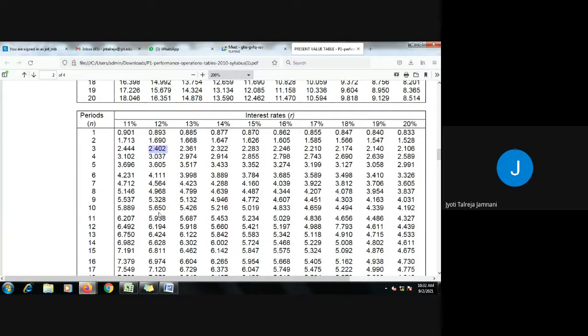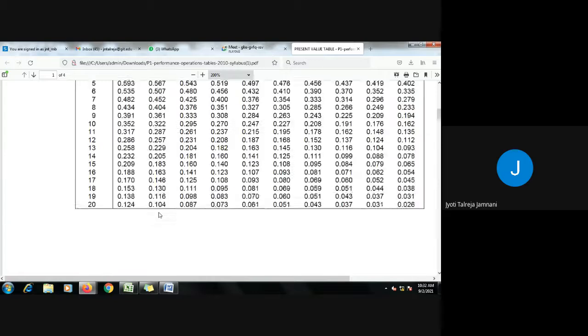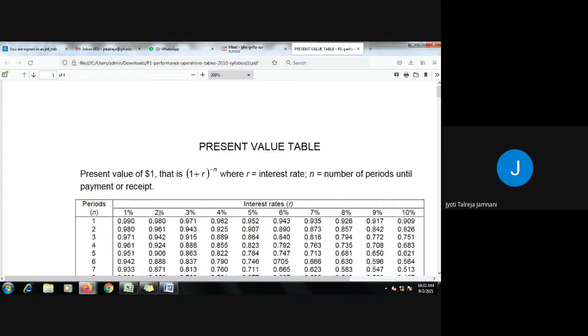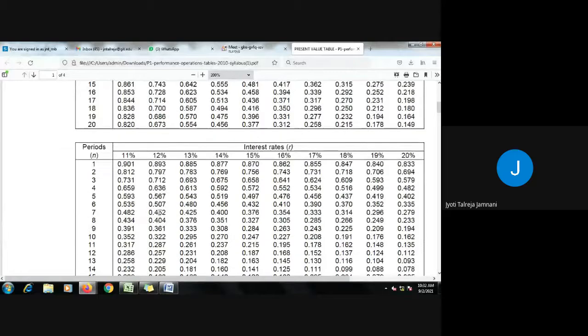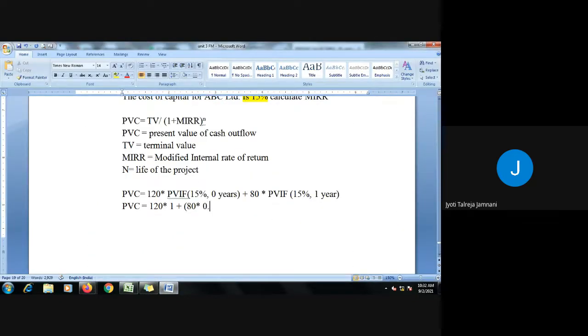So we'll go to the normal table. This was the annuity table. This is the normal present value table. At 15%, we need 1 year value, which is 0.870. So we'll take it 0.870.